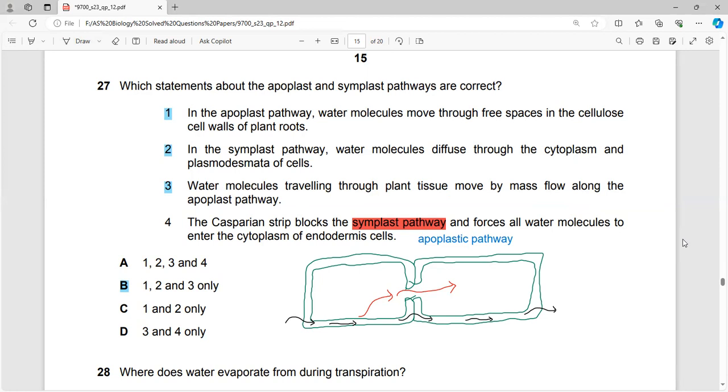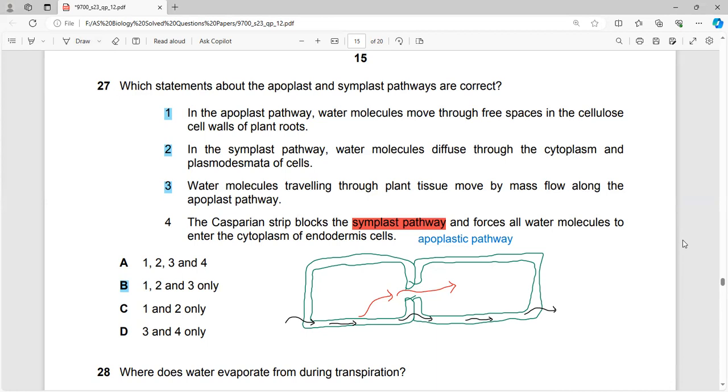In the apoplastic pathway, water moves through the free spaces in the cellulose cell wall of the plant root. So that's a correct option. So water is moving in the free spaces between the cellulose. In number 2, in the symplastic pathway, the water molecules diffuse through the cytoplasm. So the water is moving inside the cytoplasm.